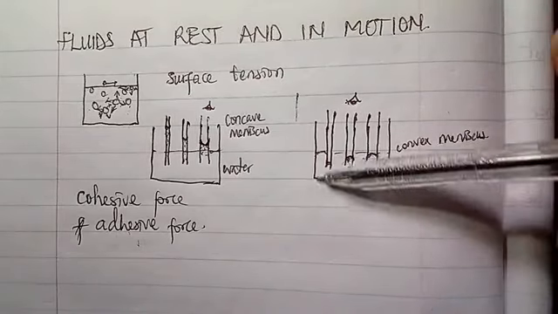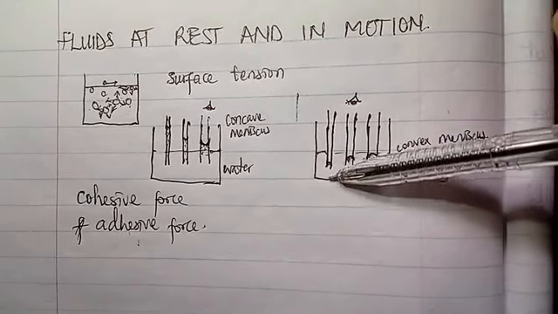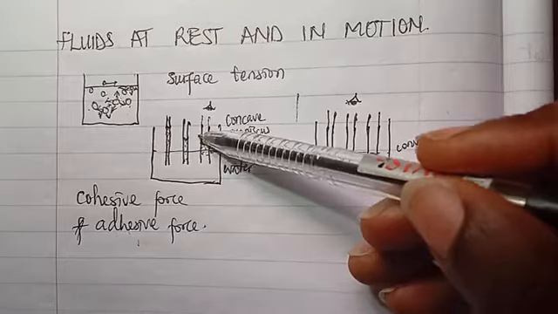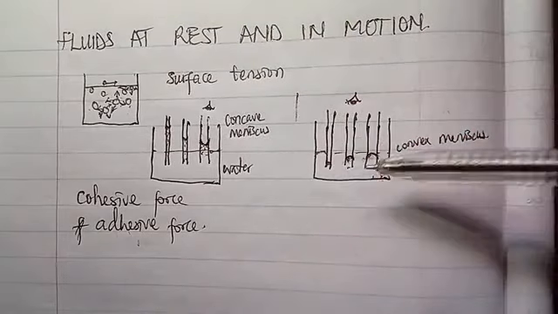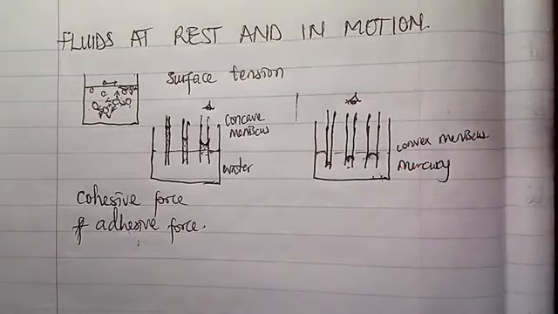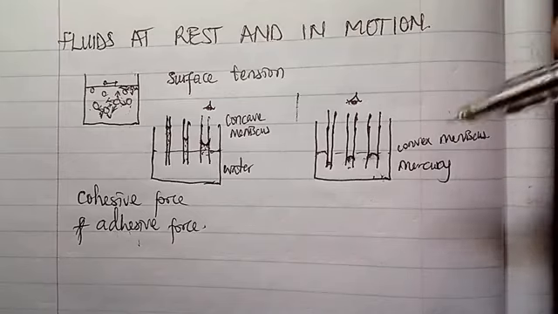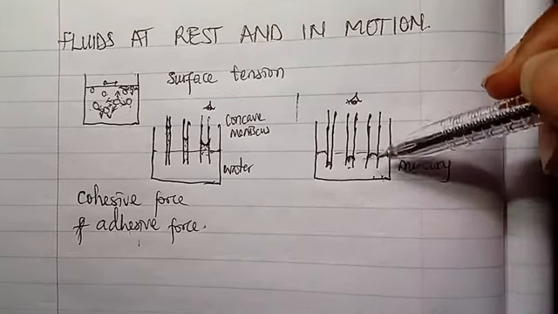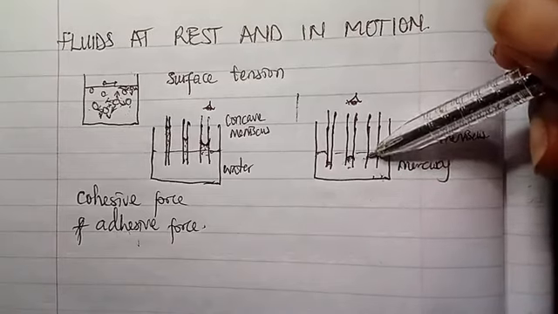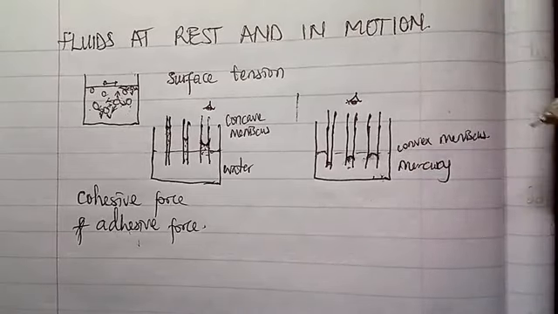So that is what we call convex. It is out. This is cave, inward. This is outward, convex. Okay, so that's how to remember the names of the shape formed by the liquid at the top. That's the meniscus formed.